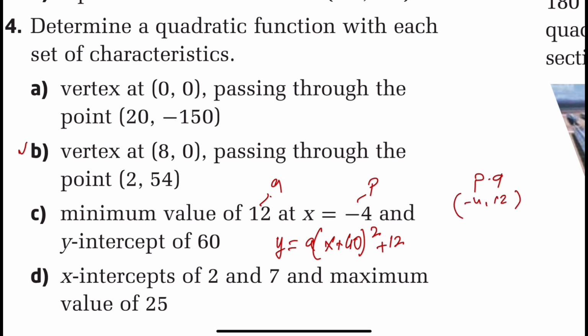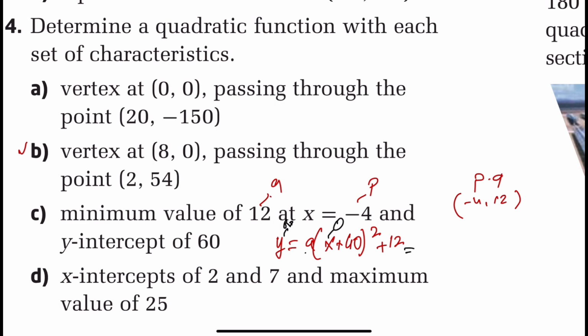And you have the y-intercept, which is 60, so you can replace x by 0 and y by 60, because they are giving us the y-intercept is 60, to find a.